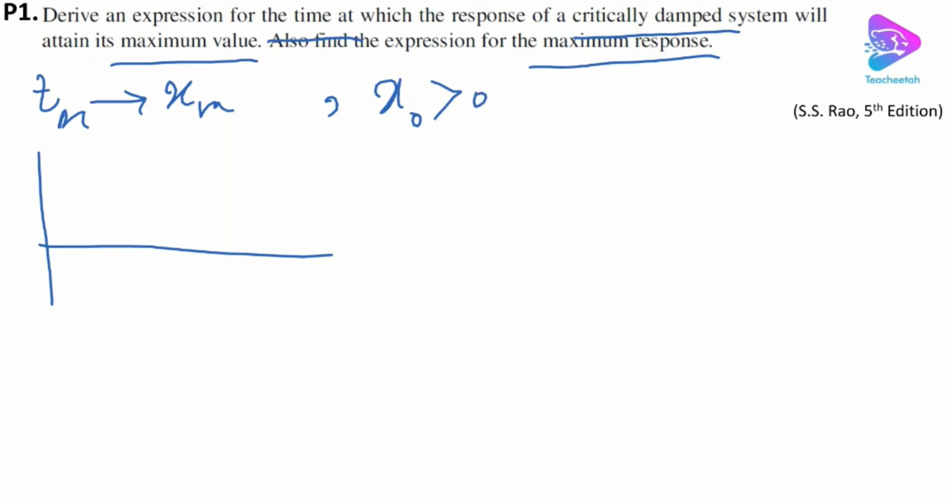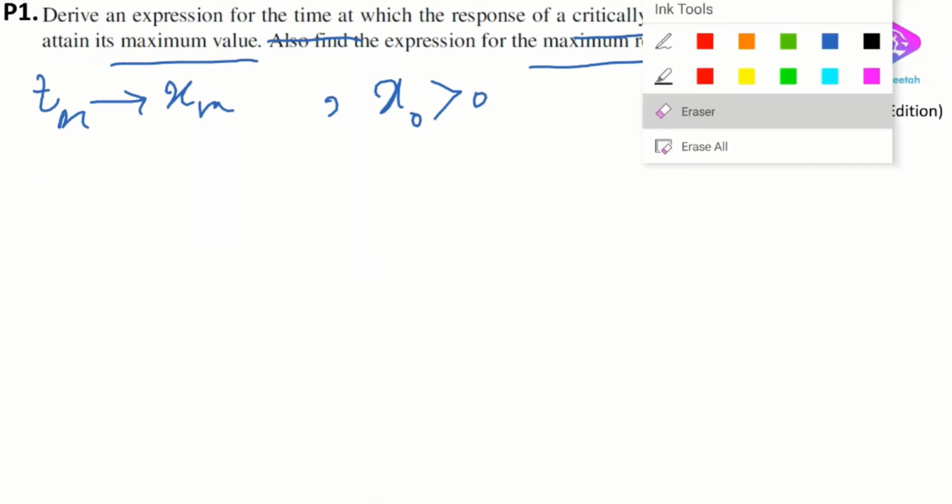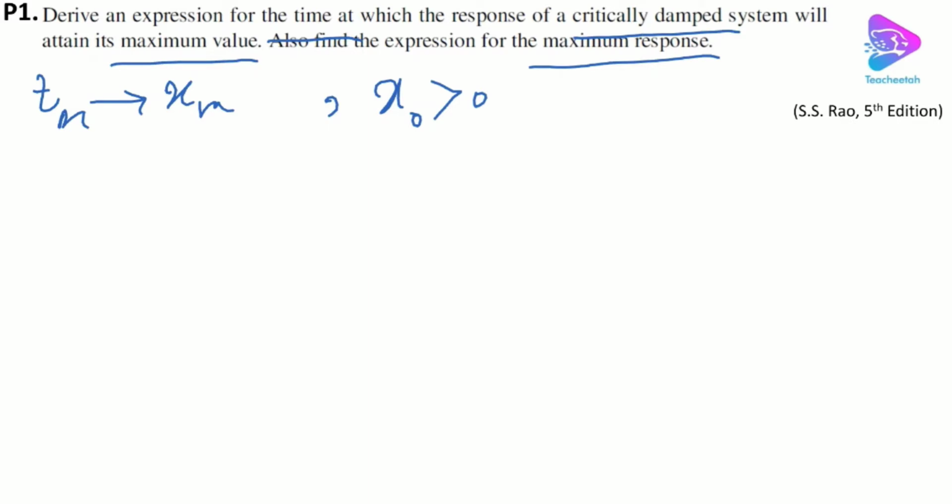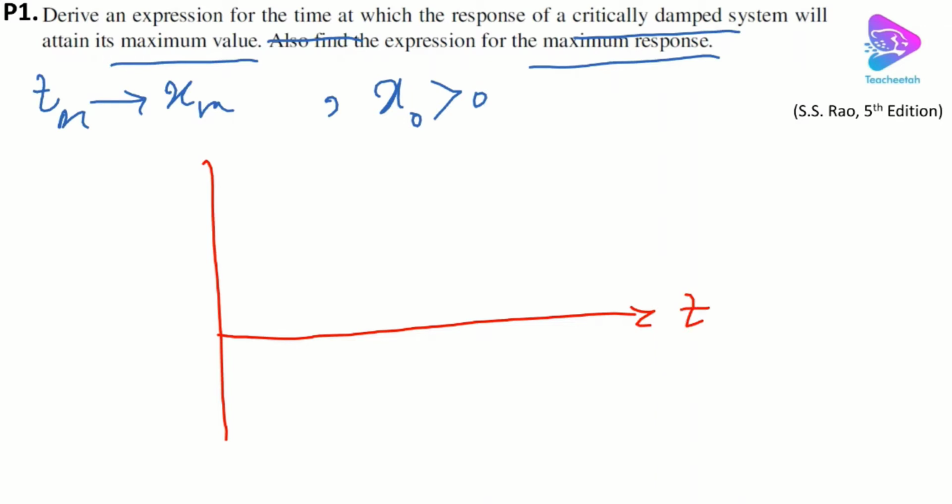So the system starts to vibrate somewhere here. Let me draw it bigger and elaborate the behavior of the response more clearly. I'm going to draw a better axis. So we have t, and this is x, the vibration of the system.